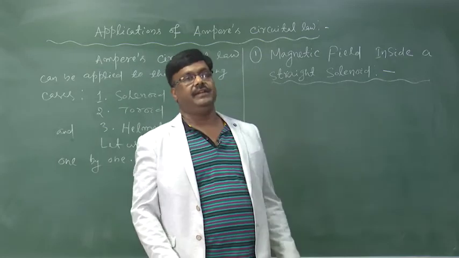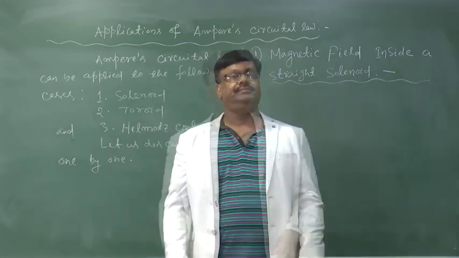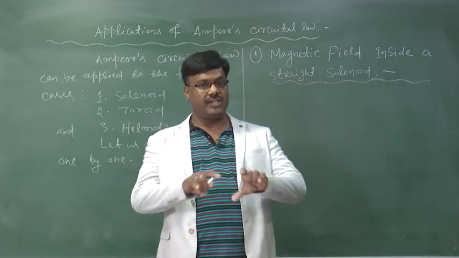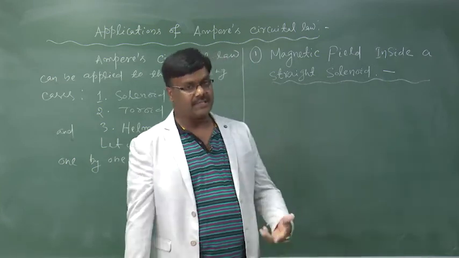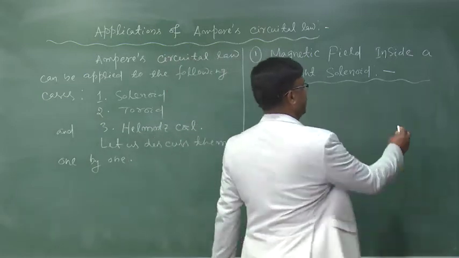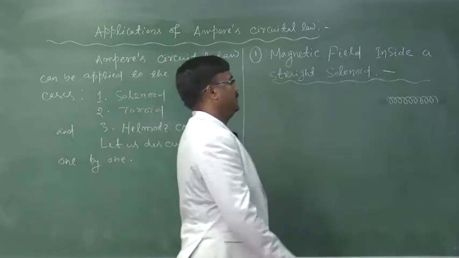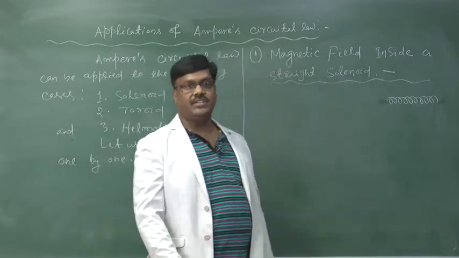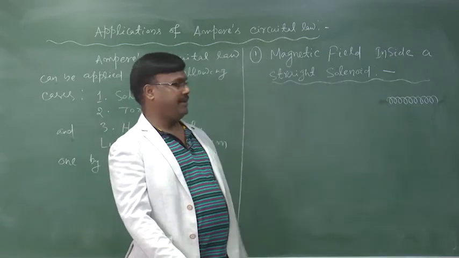What is a solenoid? A wire wound like a spring along a straight line can be considered as a solenoid.